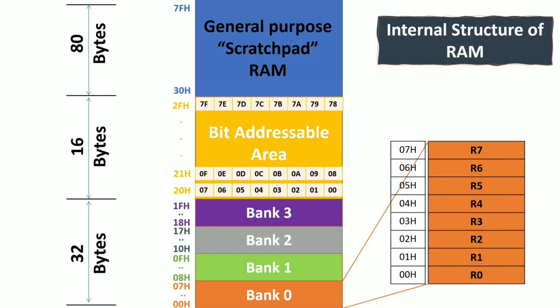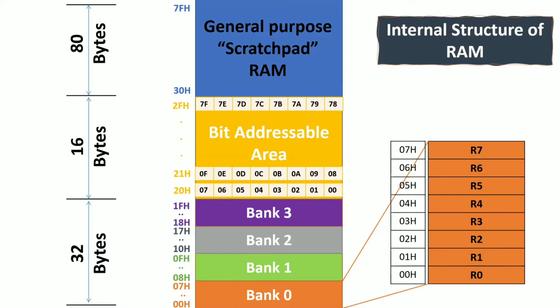Take an example. If you take a move instruction, MOV A, R0. Can I write MOV A, R1? If you are not dividing the registers into banks, and the registers are R0 to R31, then for one instruction, MOV A, R0, R1 and so on up to R31, you would need 32 different opcodes.